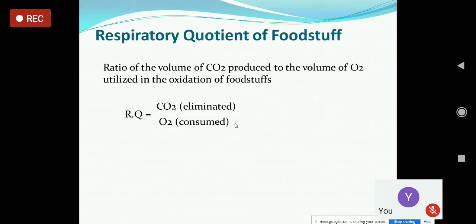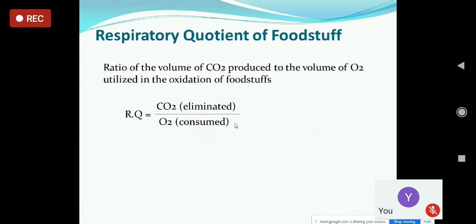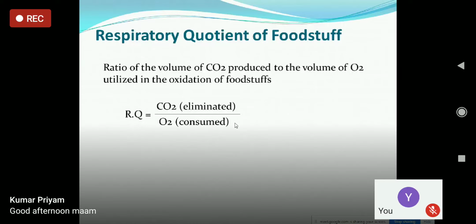air of known composition. You should know how much oxygen is being taken in by the subject, and the expired air is collected in a rubber bag, and you measure the volume of the expired air, the oxygen content in the expired air, and the carbon dioxide content in the expired air.